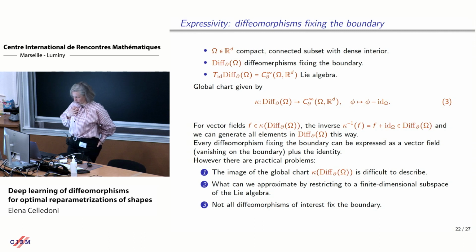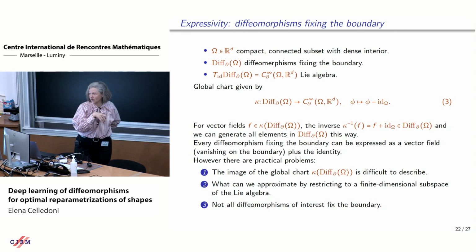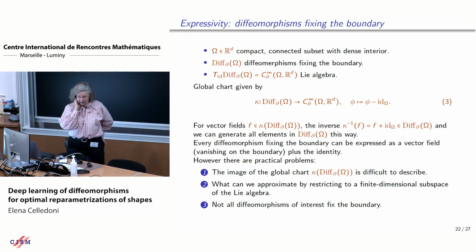So you take your diffeomorphism and subtract the identity. Then, good news, we should be able to represent diffeomorphisms of this type by just looking at vector fields and adding the identity. Any vector fields?